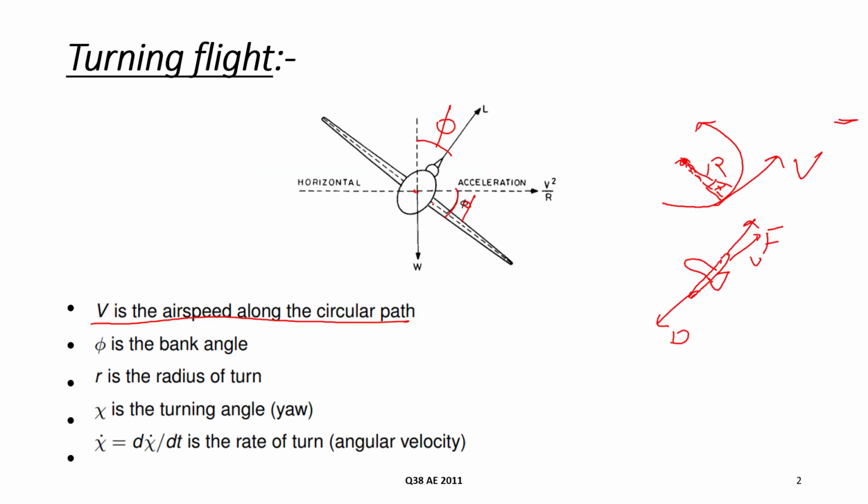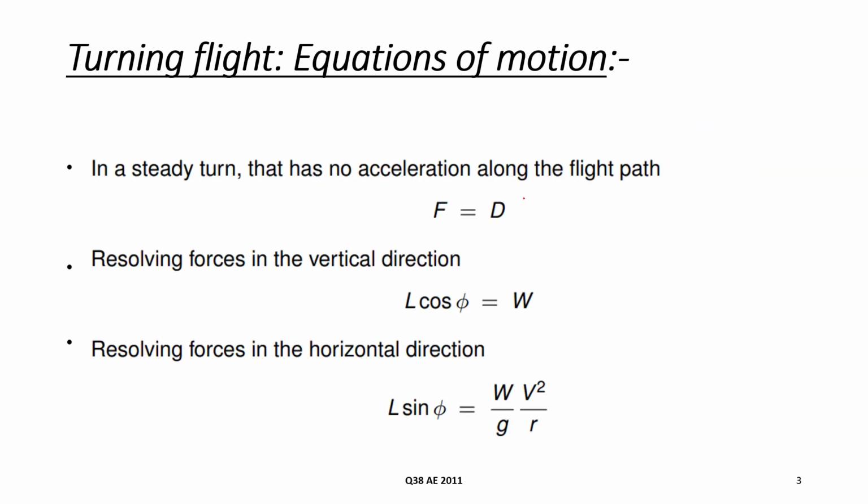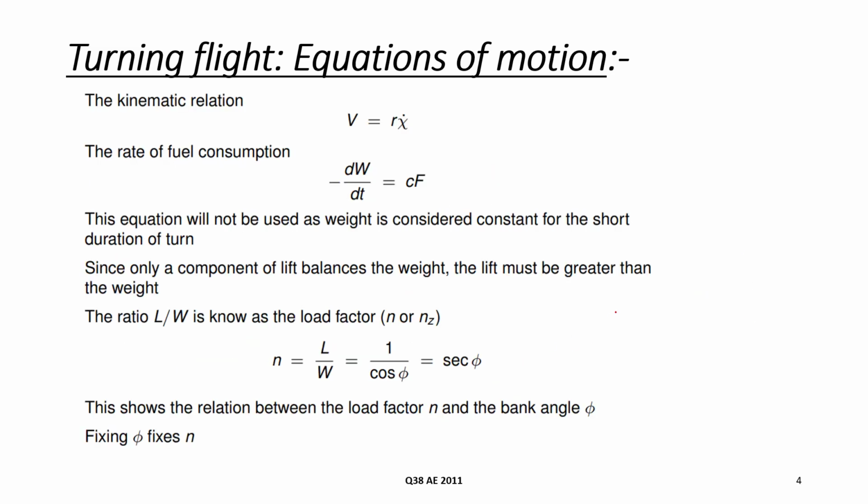In the horizontal direction, L sin phi will be equal to mv square upon r. m can be written as W by g. There are some kinematic relations also: V equals r into xi dot, radius into angular velocity.